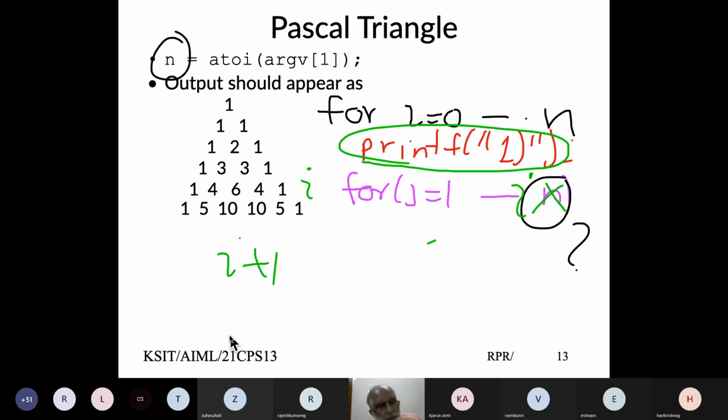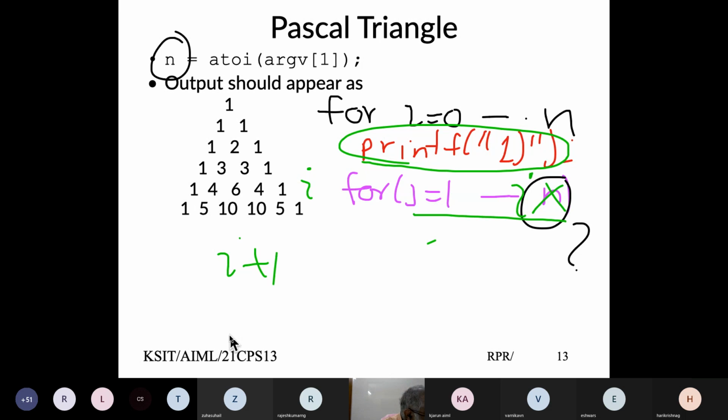And that is what programming is about. Programming is not coding. Programming is: can you identify the structure, what is to be done, and then use that. Having done this, now I know my j varies from 1 to i. Now I need to find my binomial coefficient.